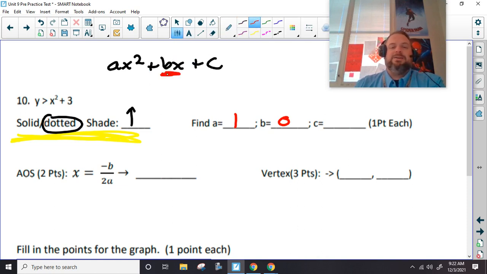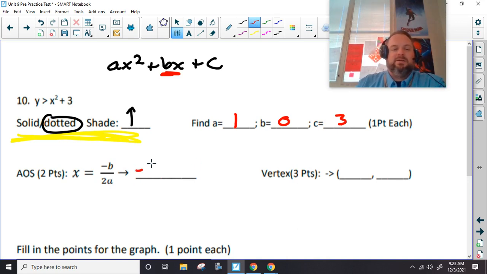All right, this right here, B is the term beside X. There's not a term beside X, so there is a 0. All right. So honestly, for this one, the only thing that changes from the previous two is you get a point for saying if it's solid or dotted, a point for which way it's shaded, and a point for A, B, and C again. Okay.